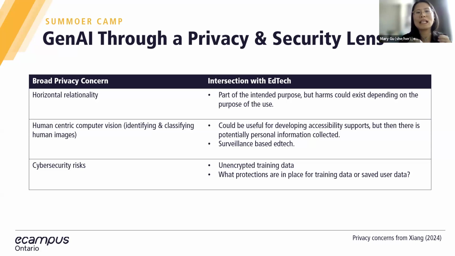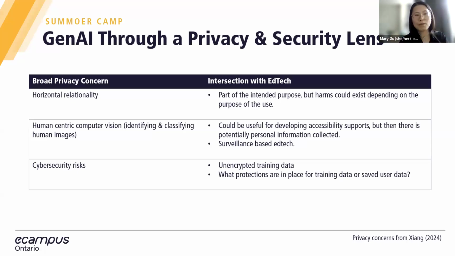But horizontal relationality then has implications due to the potential of a data breach. Basically what that means is that an unconsenting individual is potentially impacted by what another consenting individual chose. A sort of metaphorical example might be the 23andMe leak related to folks who shared their genetic data consensually, but that had impacts for folks beyond them.